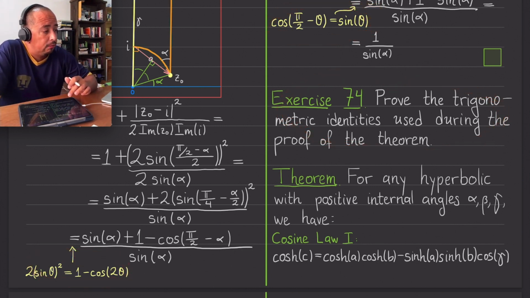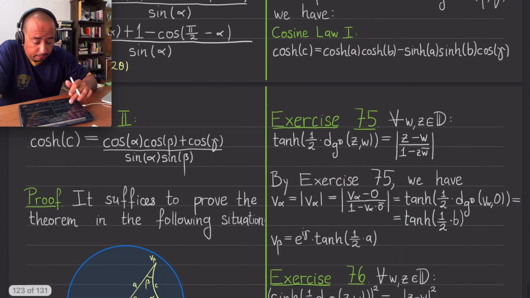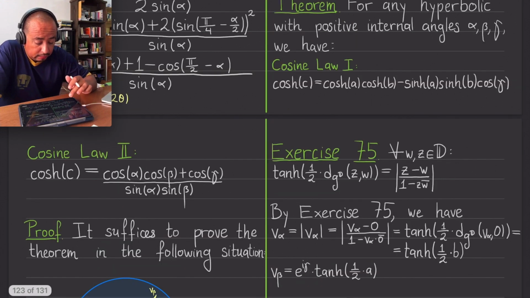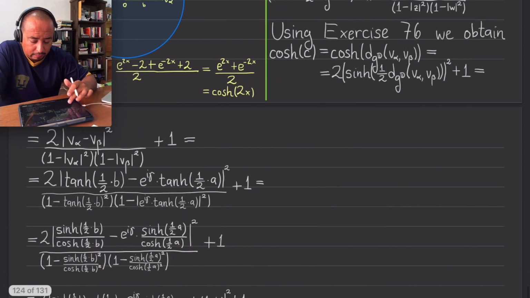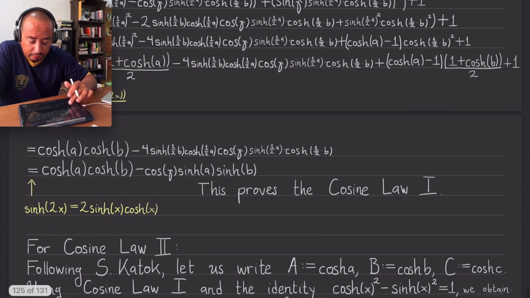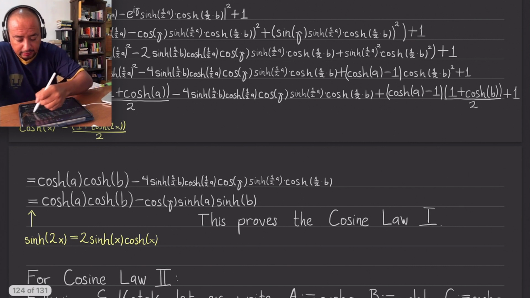And now we come to the cosine laws, which I would say are not easy to prove, because one needs many non-trivial identities, and at some point, in some computations, you really have to know which identities to use.